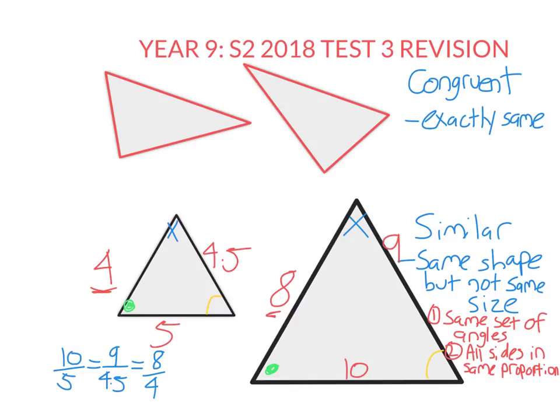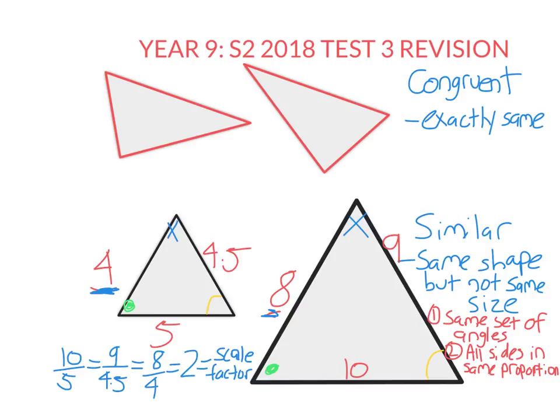So this number that we've multiplied the smaller shape by to get the side in the larger shape is called the scale factor. So here, 2 is the scale factor, meaning every side in the larger shape is 2 times its corresponding side in the smaller shape. So all the sides need to be in the same proportion.